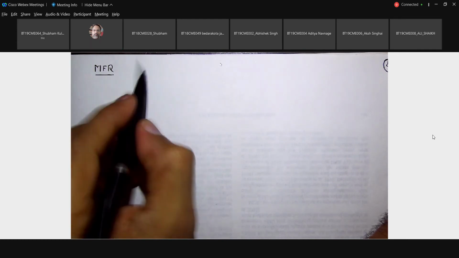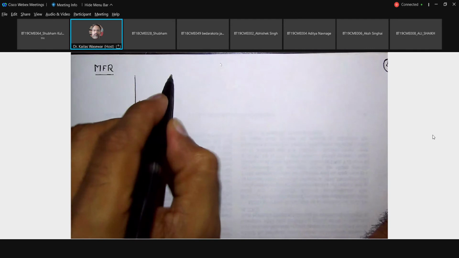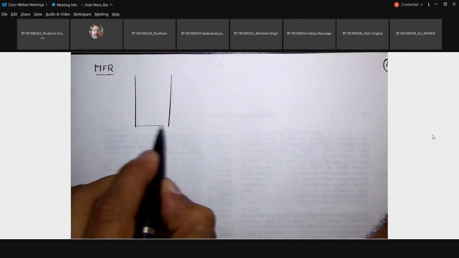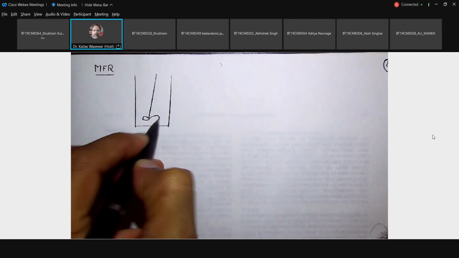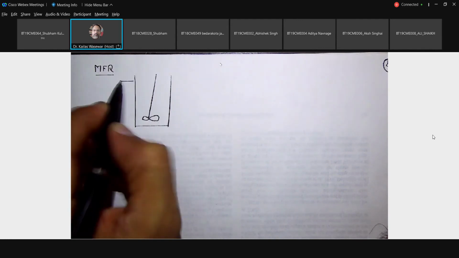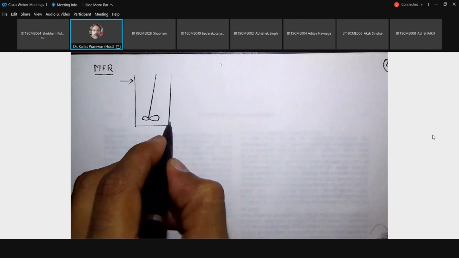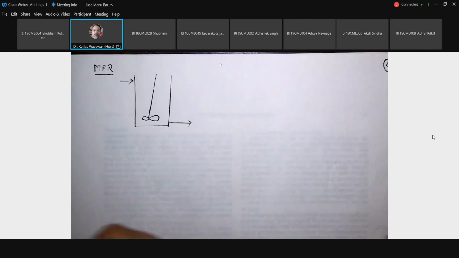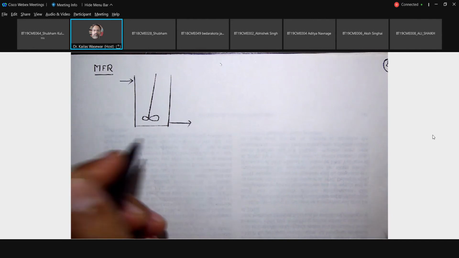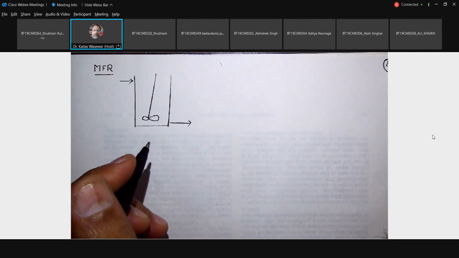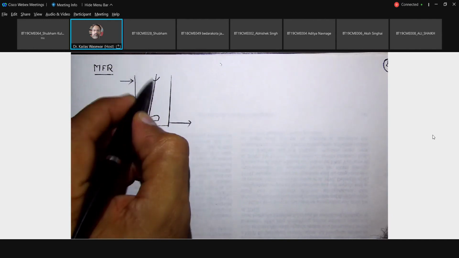But in some cases, what happens? Suppose this is our mixed flow reactor. If my feed location is here, what is happening in this particular reactor? This is moving.